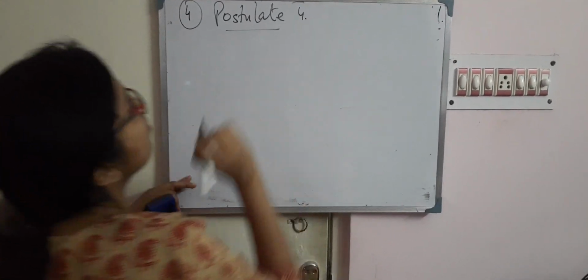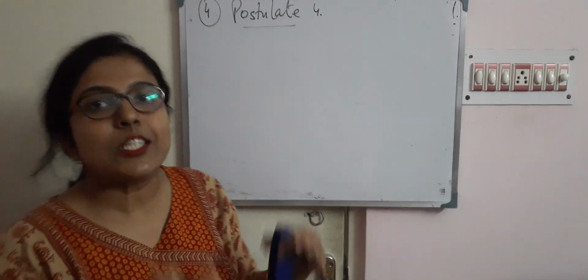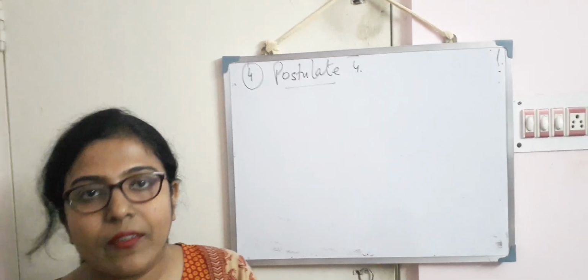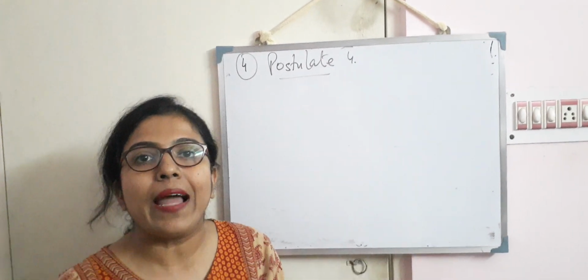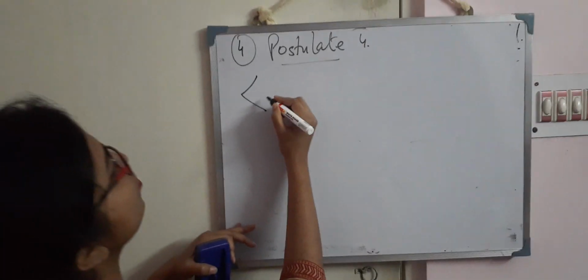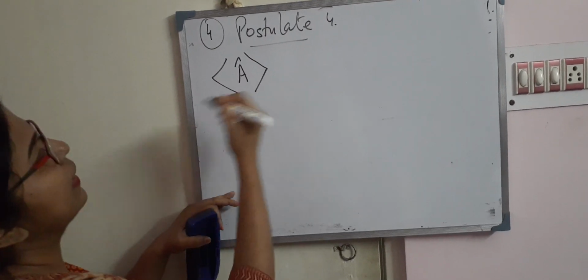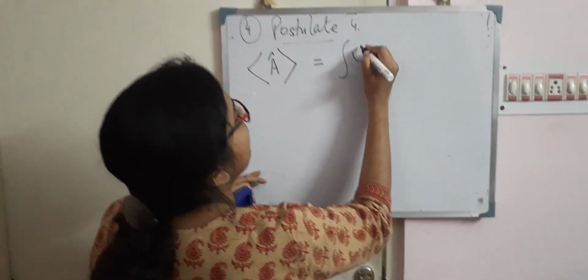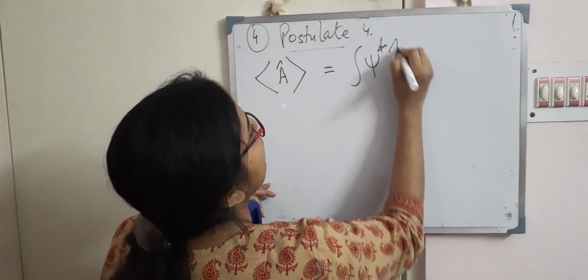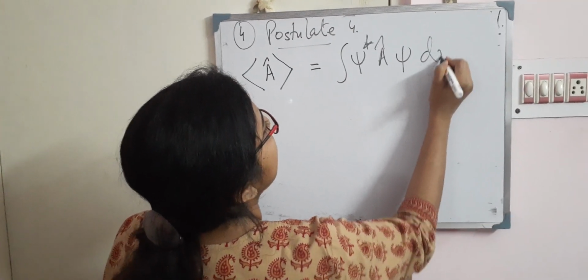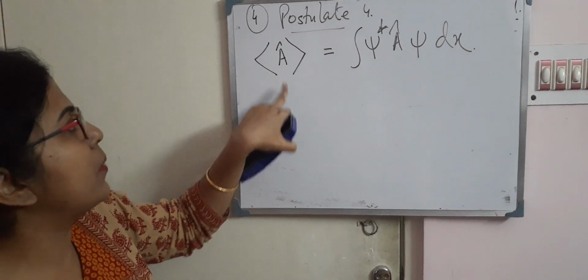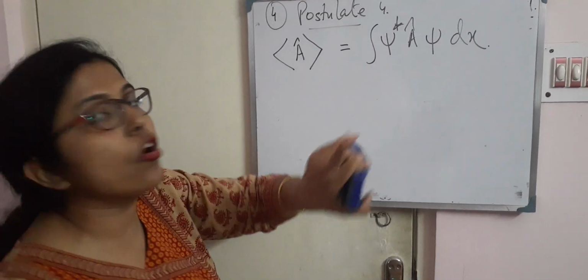So postulate 4 says that the expectation value, or the average value of a large number of measurements of dynamical variables for a normalized state, is given by the following. If I say that A cap is my dynamical variable and I want to find the expectation value of A cap, it will be given by integral psi star A cap psi dx for a normalized state.